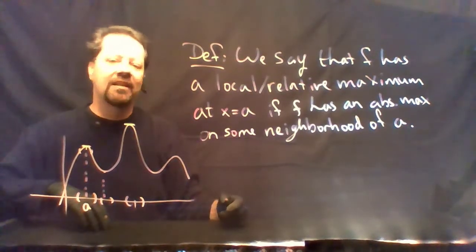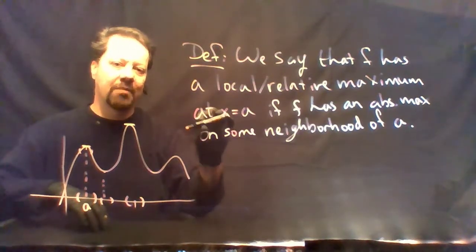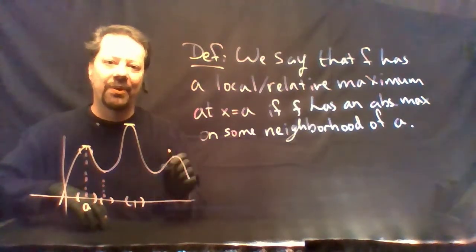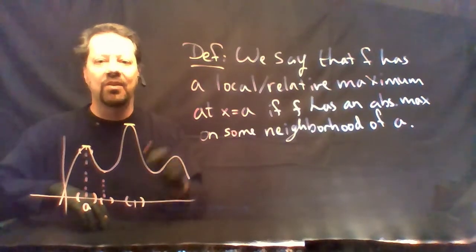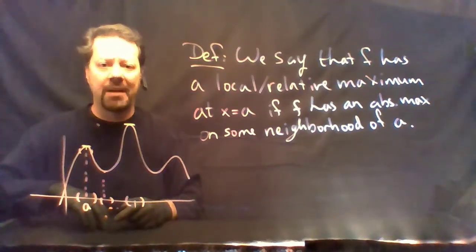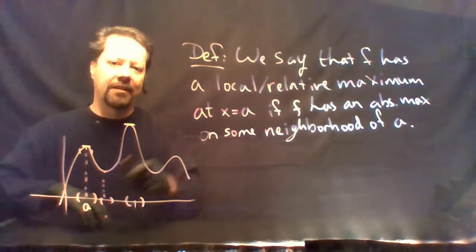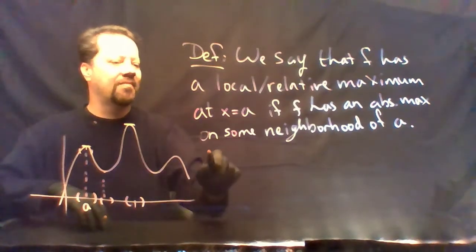And similarly, if F has an absolute minimum on some neighborhood of A, then A is a local or relative minimum. Minimum relative to points nearby, that is.